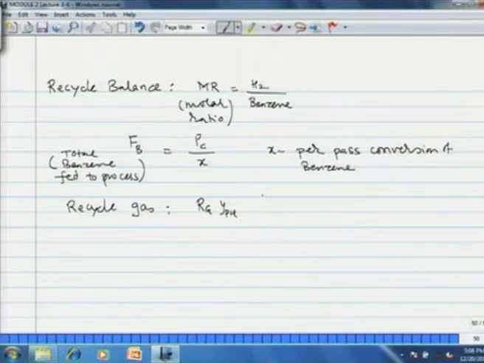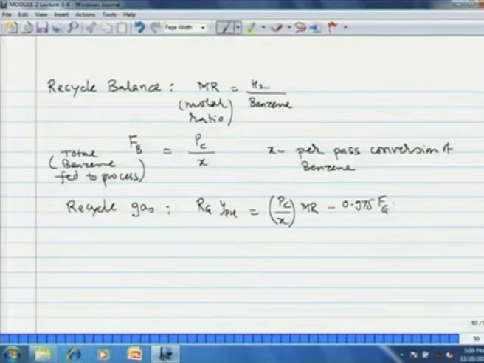So, the mole fraction of hydrogen is same in both of these. Now, Pc by X is the amount of benzene and Mr is the molar ratio of hydrogen. So, the total hydrogen at the reactor inlet is Pc by X into Mr. And out of this 0.975 into Fg is the hydrogen contributed by the makeup gas or the fresh gas. Therefore, obviously, the remaining hydrogen is from the recycled gas.